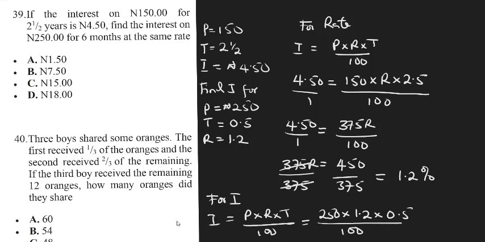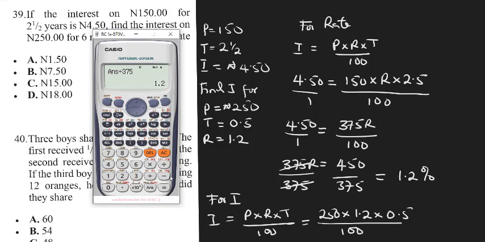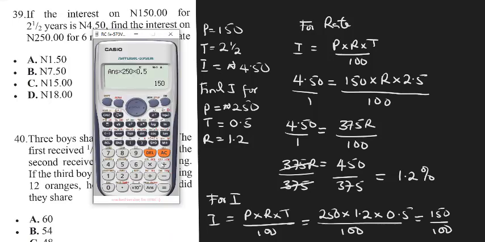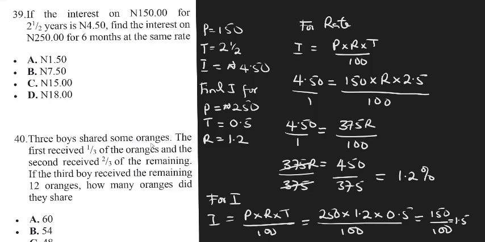So let's multiply it and see. We have 1.2 times 250, then times 0.5. We have 150 over 100. So 150 divided by 100 is 1.50.